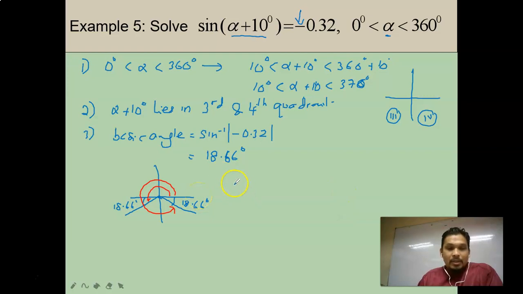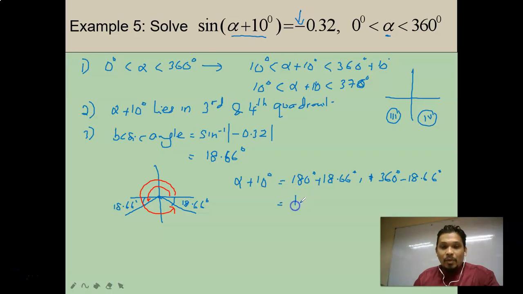Okay, so now alpha plus 10 degrees equals, the first one here is 180 degrees plus 18.66 degrees, and also 360 degrees minus 18.66 degrees. This gives you 198.66 degrees, and another one here is 341.34 degrees.